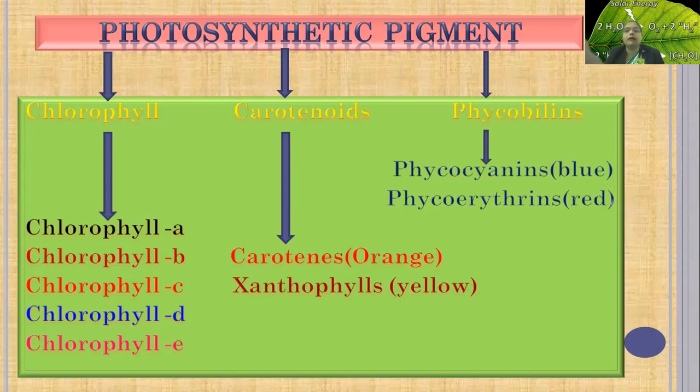The last pigment is phycobilins, present in cyanobacteria and algae. Water soluble, examples are phycocyanin, meaning bluish color, and phycoerythrin, meaning red color. These are the photosynthetic pigments, but the main pigment is chlorophyll.